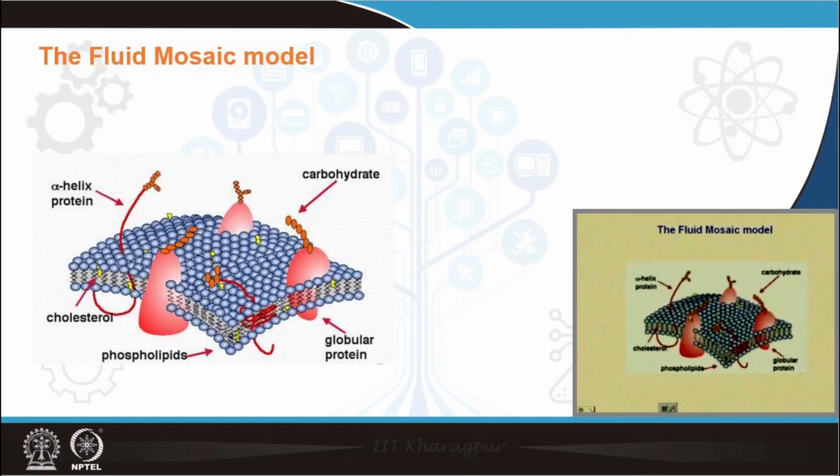These are integral membrane proteins, the globular proteins. These are some carbohydrates attached to the proteins, called glycoproteins. We have an alpha helix protein that could form a single helix. So, this is what the lipid bilayer membrane would look like with the proteins embedded in it. And since it is always moving and the proteins are rotating, it is called a fluid mosaic model.